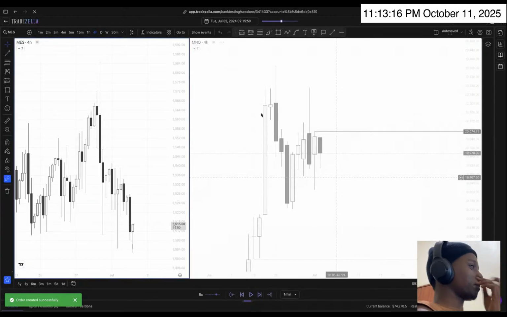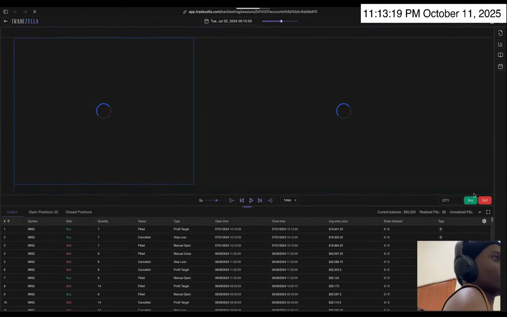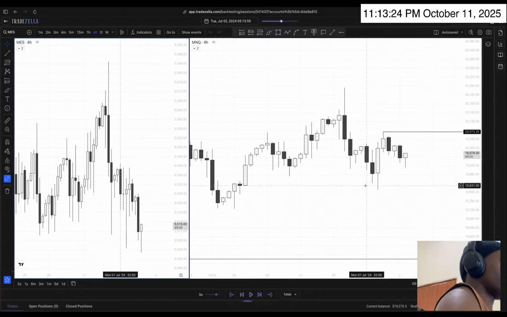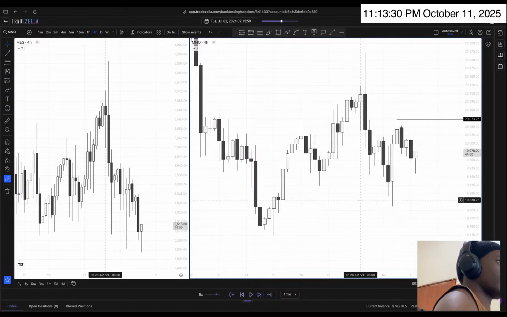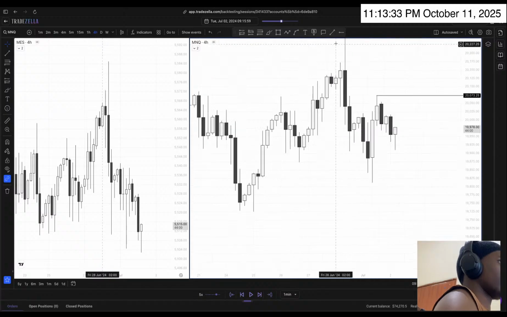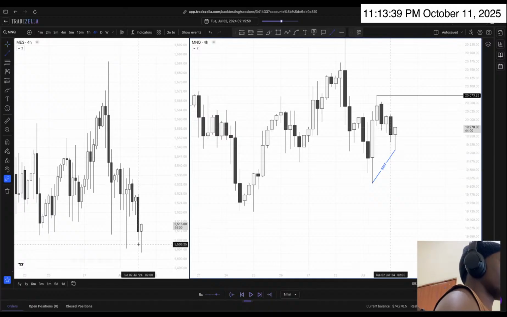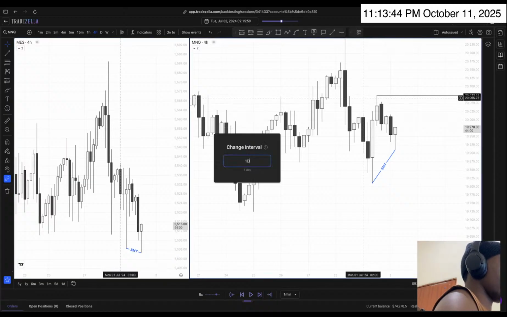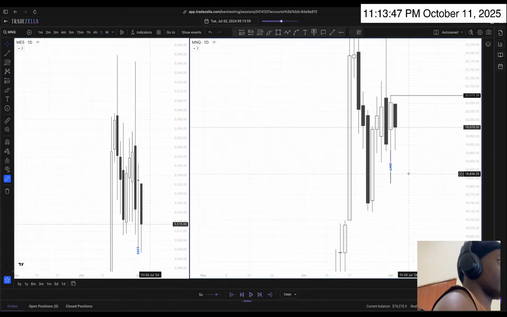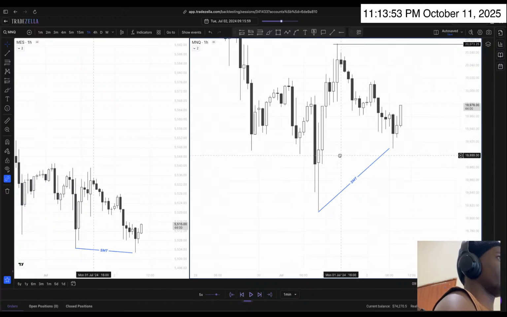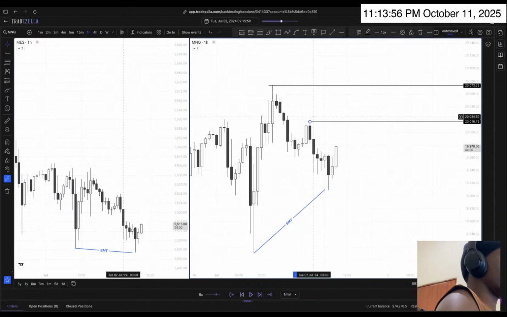Not loading. We're gonna head higher. Now on the 1 hour we have some hourly targets, such as this here.